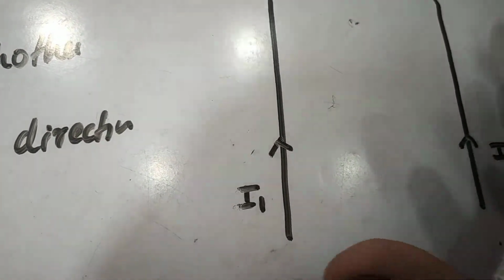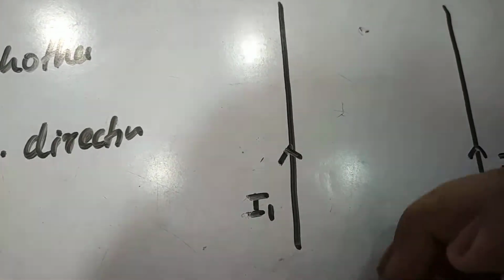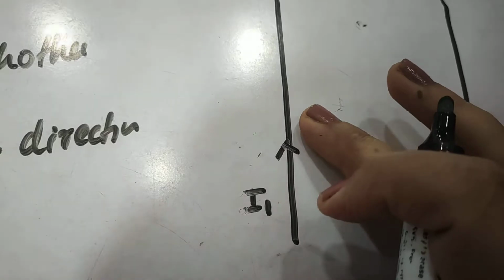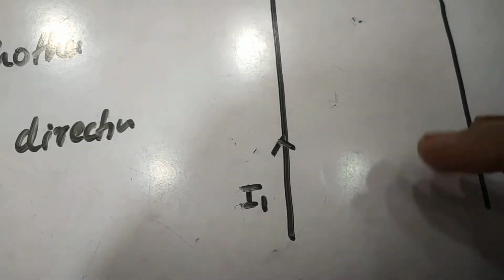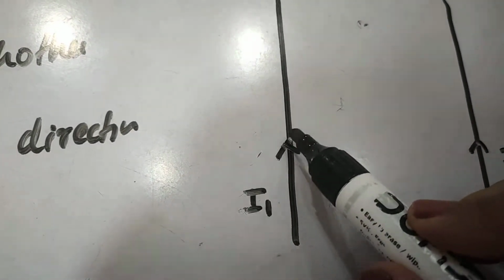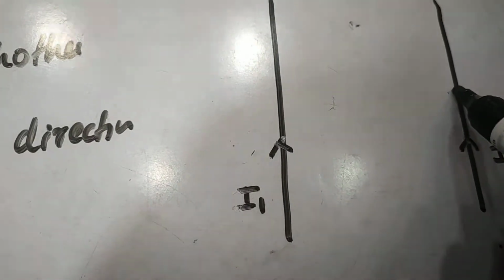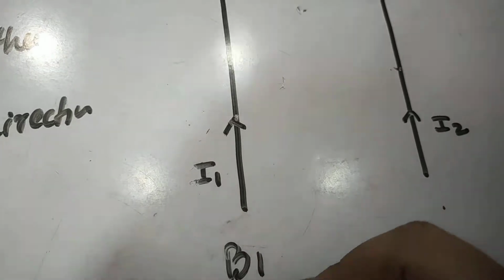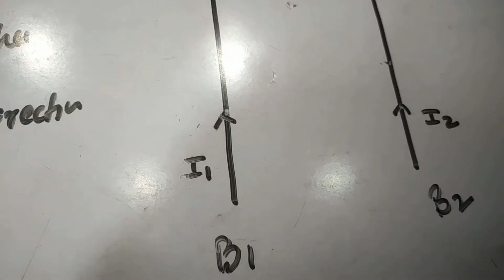So first of all, we know that this is an infinitely long straight conductor, and we have to find out the magnetic field at a point. Suppose due to the magnetic field of this, we are going to find out the magnetic field at this point, right? So let the magnetic field due to this current be B1 and due to this current be B2.